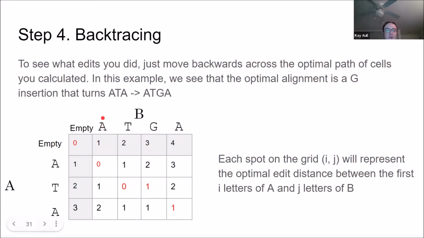So you are aligning these first 2, and then this G is getting a gap, and then you're matching these A's as well. So the way you do that is you just step back, and then you trace the optimal path of the cells that got you from this lower right corner back to the origin.